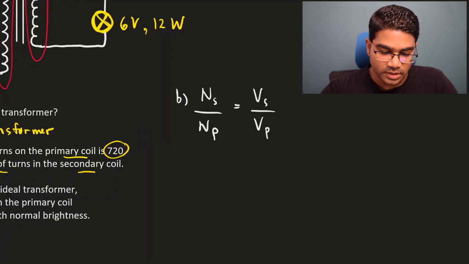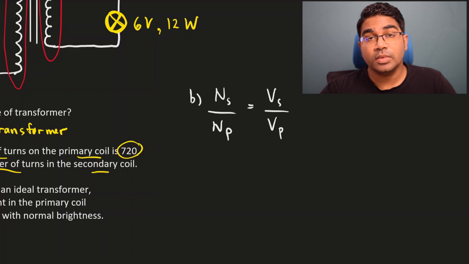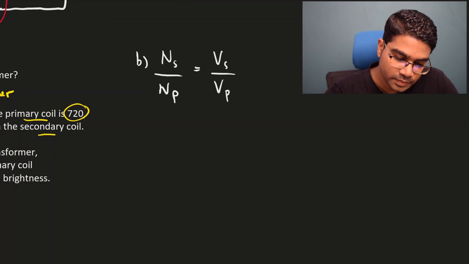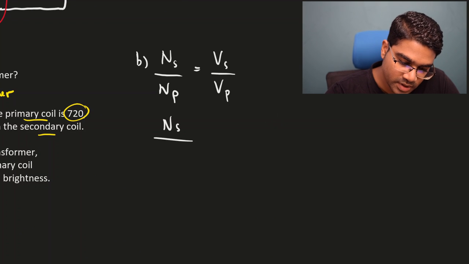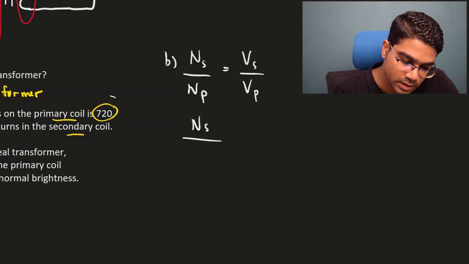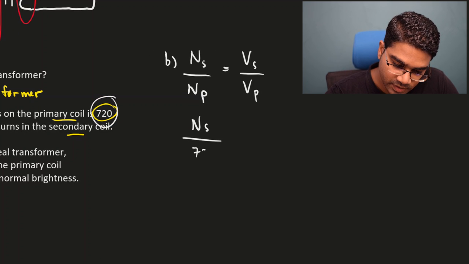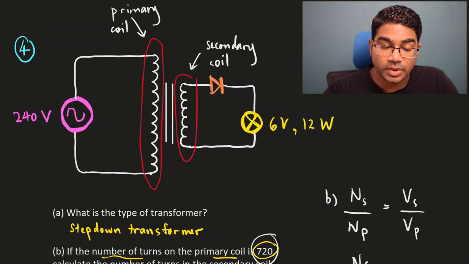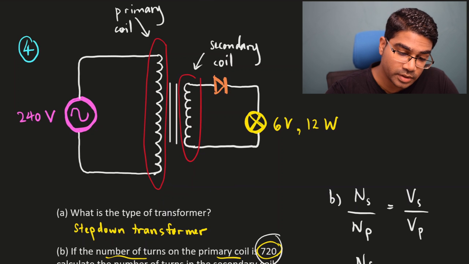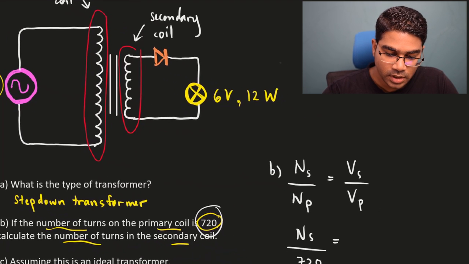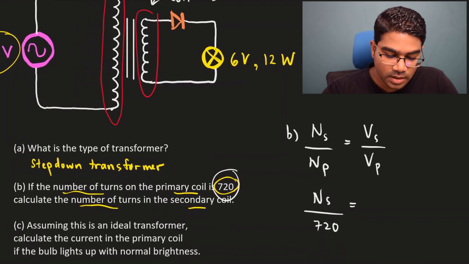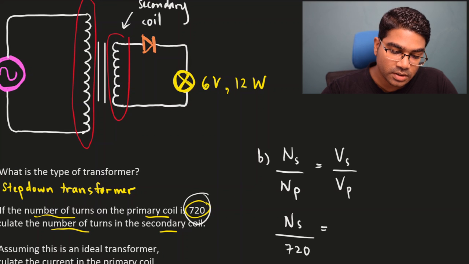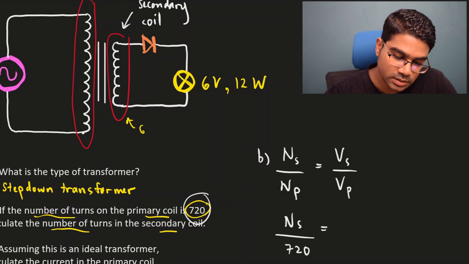Now to use this formula is very simple. We are looking for the number of turns in the secondary coil. This is why I started with NS as the numerator. So NS over NP, the number of turns in the primary coil, is 720 as given to us in the question, and this is equal to, now let's look at this. The potential difference across the primary coil is 240 volts. And now we have to assume that the bulb is lighting up at normal brightness, and so we would assume that the potential difference across here is 6 volts.